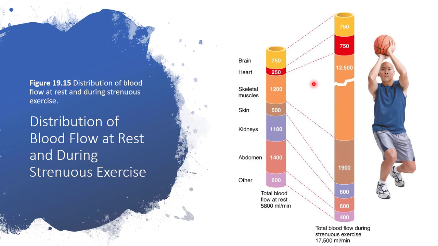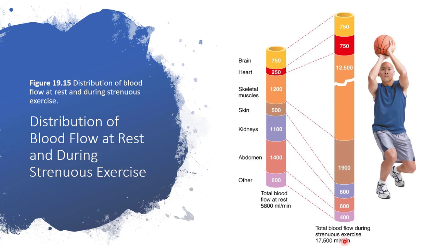And then it rises to 12,500 out of the 17,500 ml that is actually flowing whenever we're exercising. You can imagine the total blood flow increases from 5,800 to 17,500.